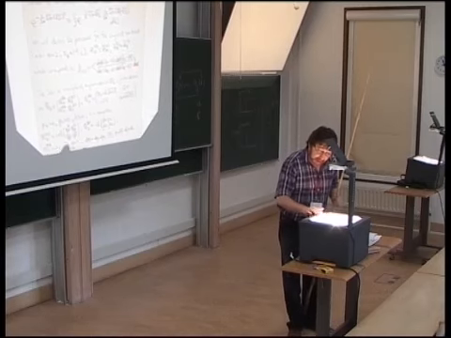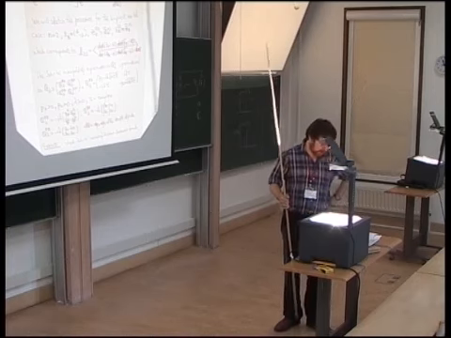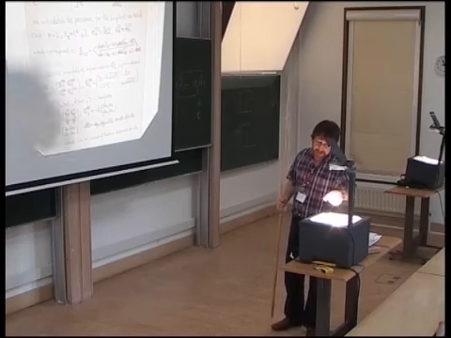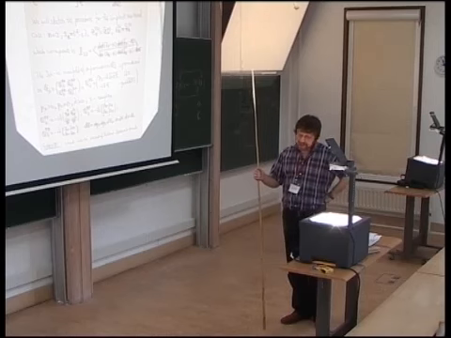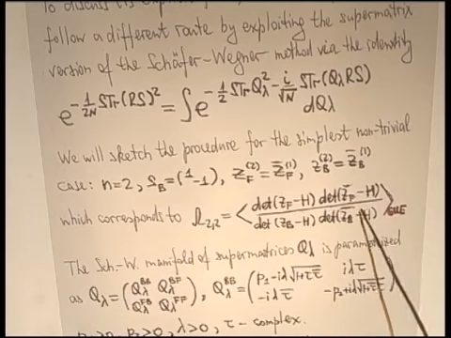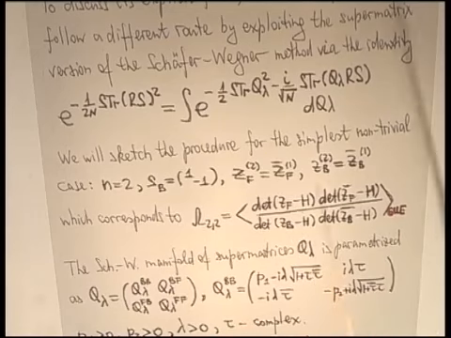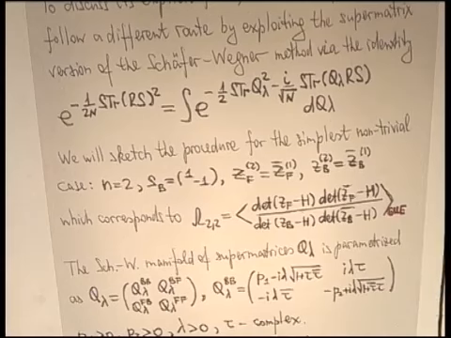Now we follow the standard procedure. We represent each of the determinants in the numerator as Gaussian integrals of anti-commuting variables. We represent those in the denominator as integrals over commuting variables.